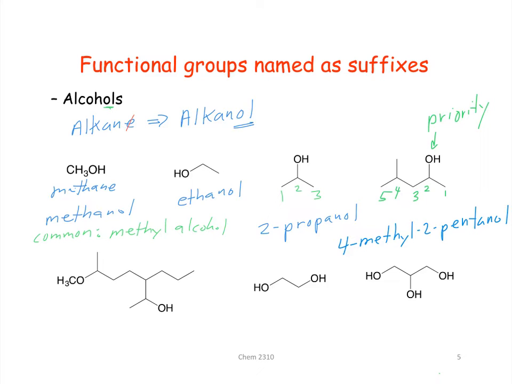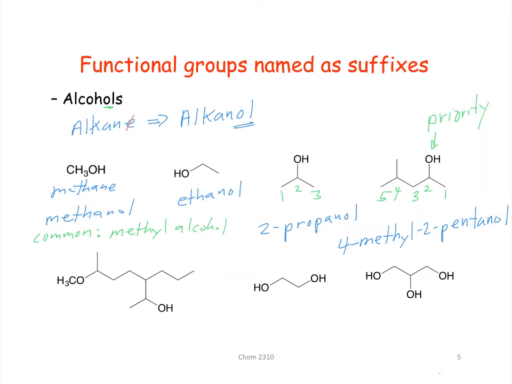Alright, so look at this next one. This one's kind of confusing, so let's look. What's the longest chain? The longest chain would go all the way along here, right? But that would leave the alcohol off. So the alcohol is the highest priority. So we have to number the longest chain that includes the alcohol.